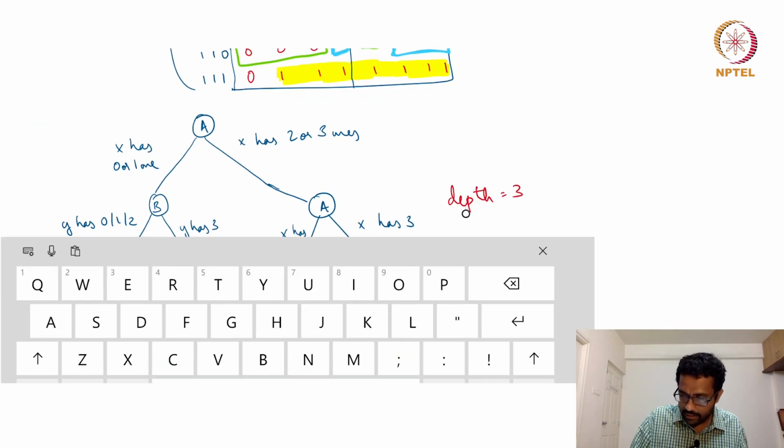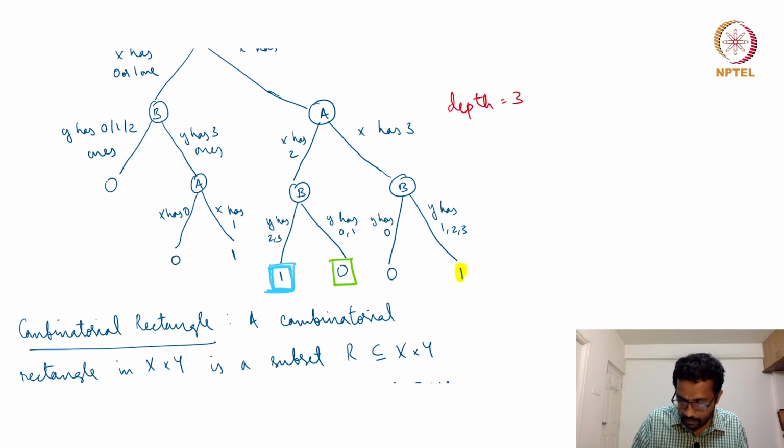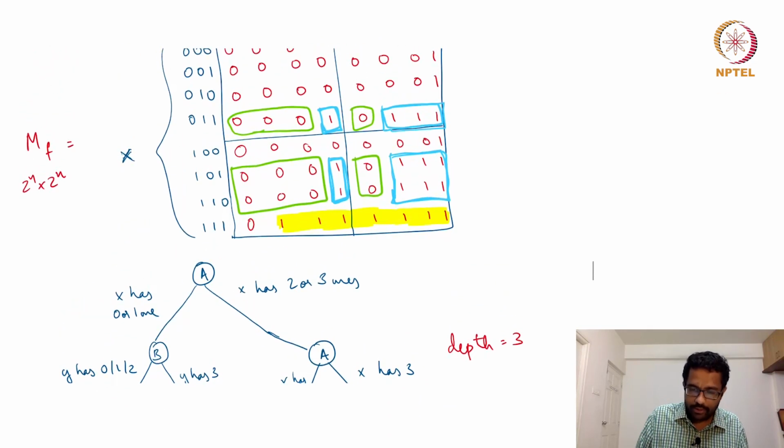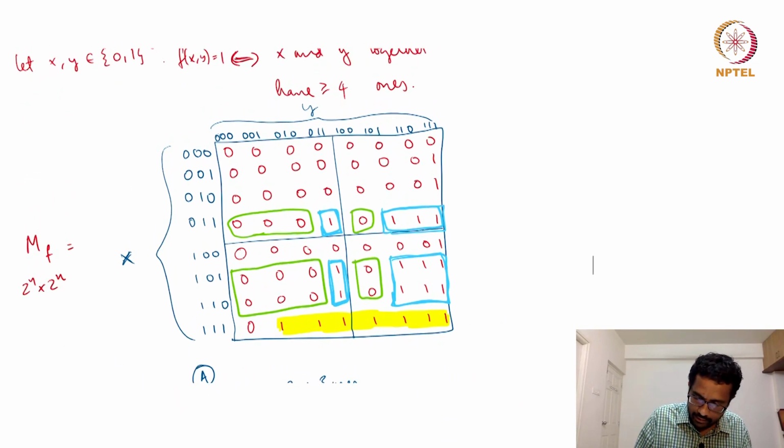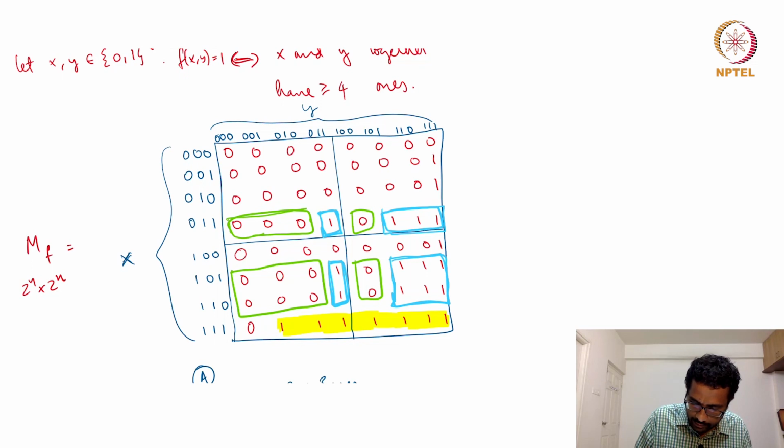Similarly, you can check this particular leaf here that is outlined with the light green. Alice has 2 ones and Bob has 0 or 1 ones, and those values correspond to exactly the cells that are outlined with the green color.